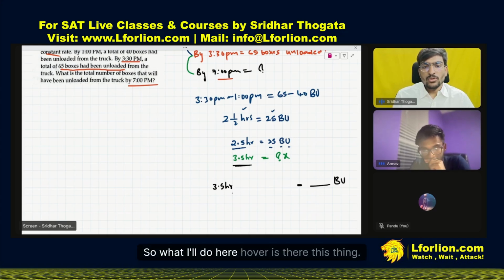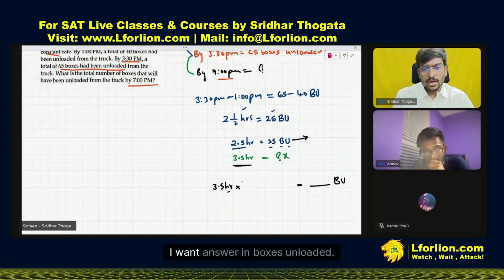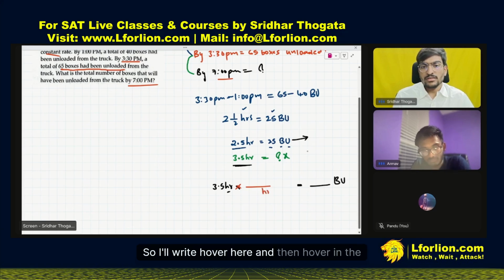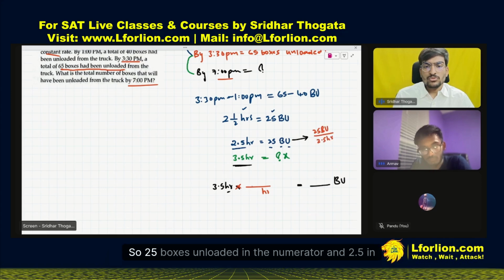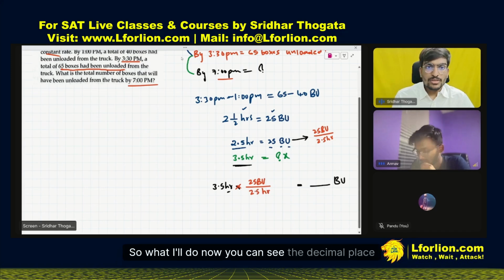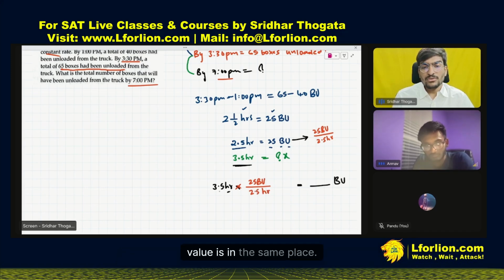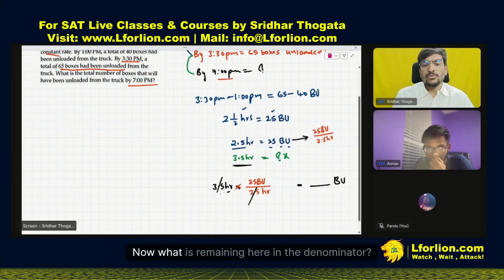I want the answer in boxes unloaded, so I have to remove this hour. I'll write hour in the denominator: 25 boxes unloaded divided by 2.5 hours. So 25 boxes unloaded in the numerator and 2.5 in the denominator. You can see the decimal place value is in the same place, so you can cross it out.